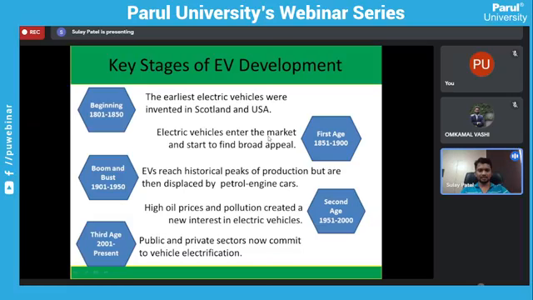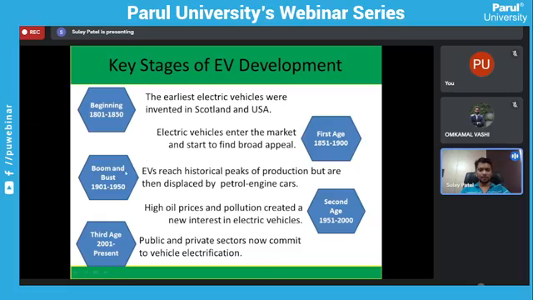Electric vehicles entered the market and started to find broader appeal, because in this particular era, the 1800s to 1900s, there were no petrol and diesel vehicles available in the market, or they were in very early stages of development. So electric vehicles found broad appeal in this era.